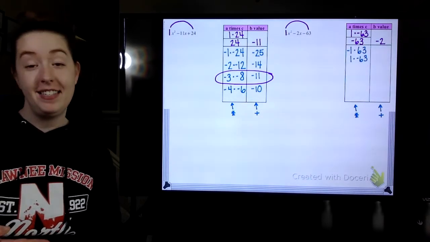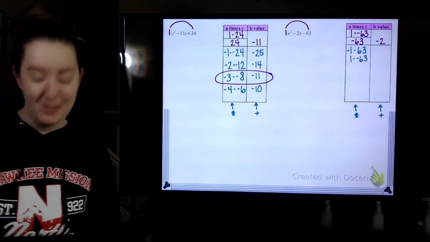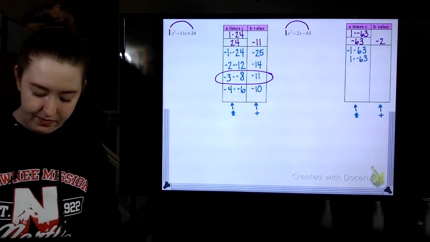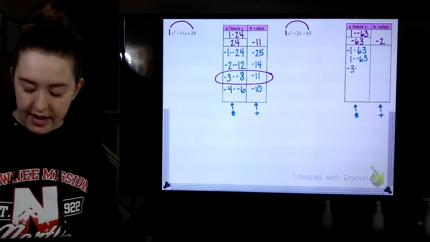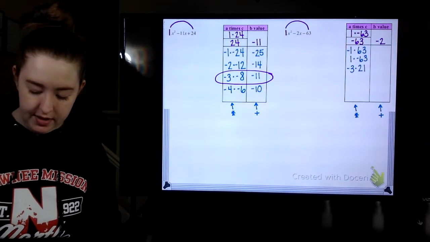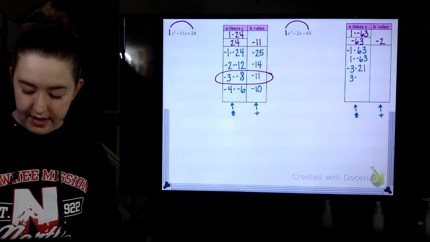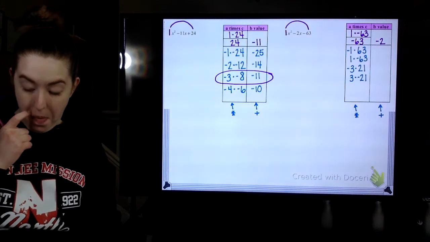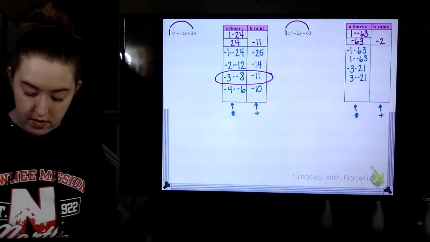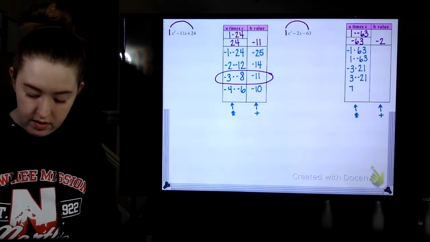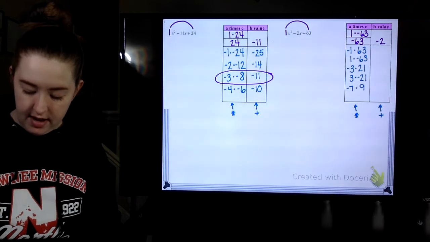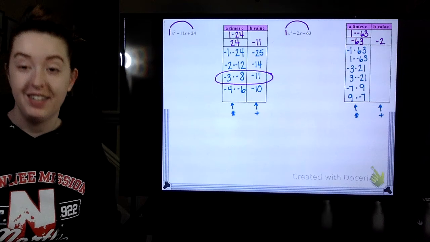So negative 1 and 63, positive 1 and negative 63. Negative 3 and 21, positive 3 and negative 21. Negative 7 and 9, positive 9 and negative 7.